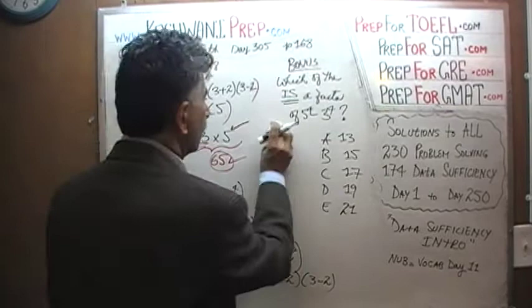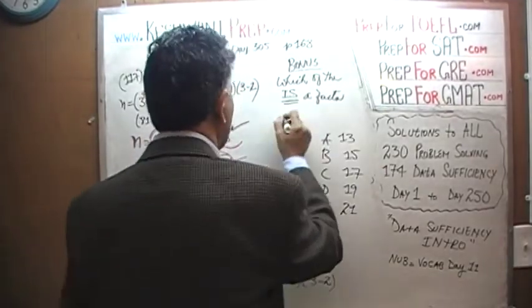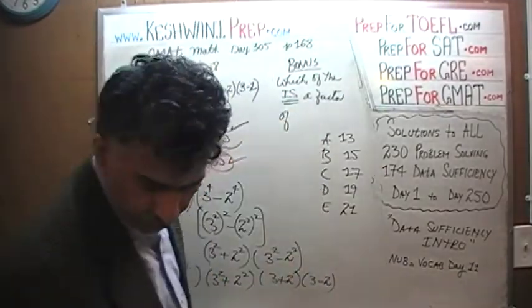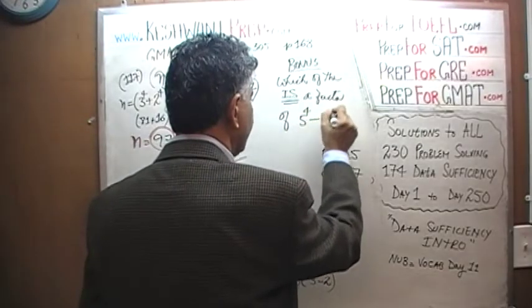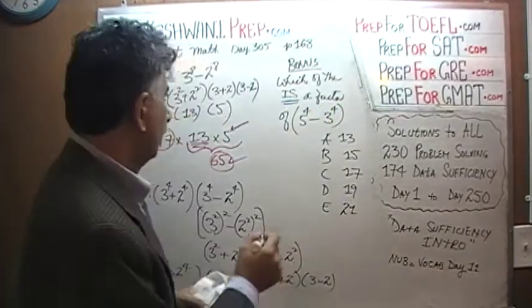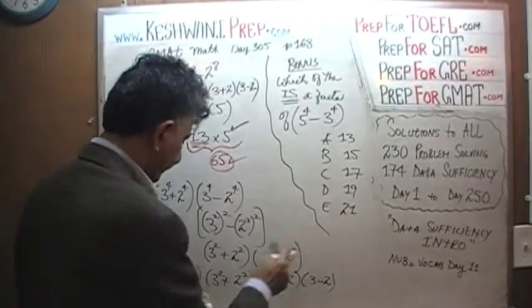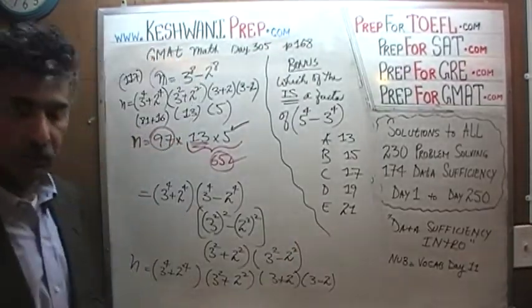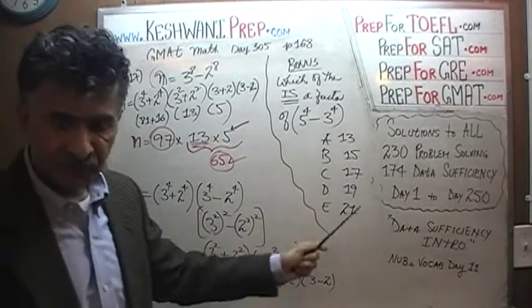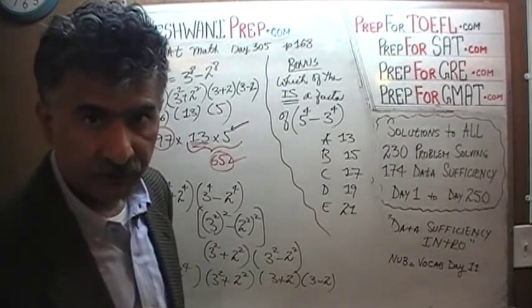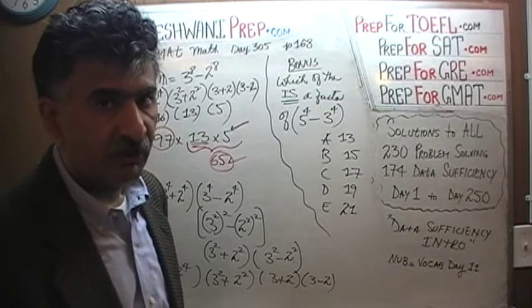One more time, the quantity that is given to us is 5 raised to 4 minus 3 raised to 4. And here, the question is phrased in just the opposite way.